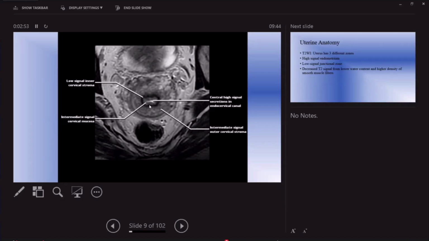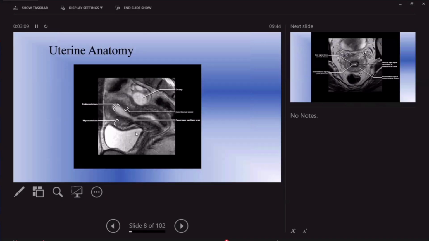The cervical stroma is a ring of low signal intensity. The outer cervical part is intermediate signal intensity, which is continuous with the outer myometrium. So please memorize this appearance, memorize this image, because this is crucial whenever you are looking at abnormality of the uterus and cervix.